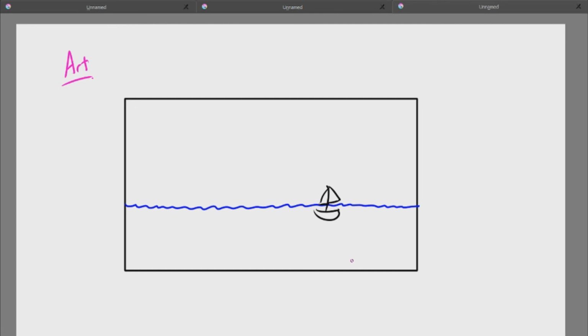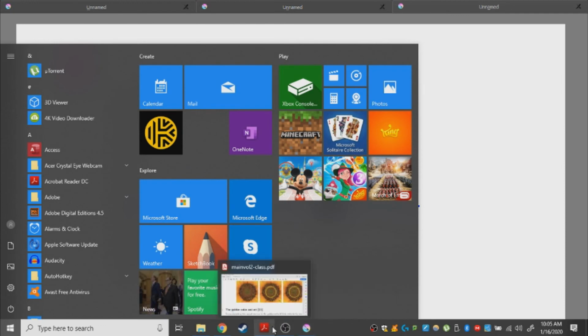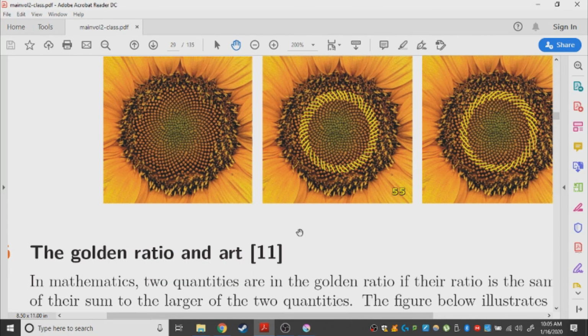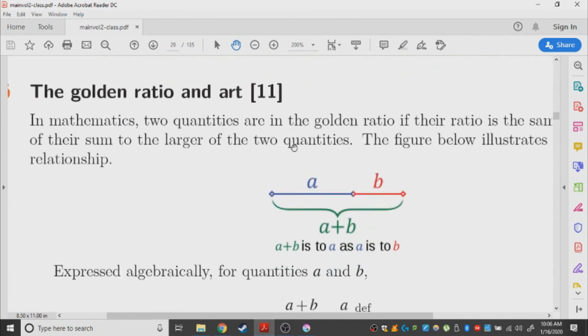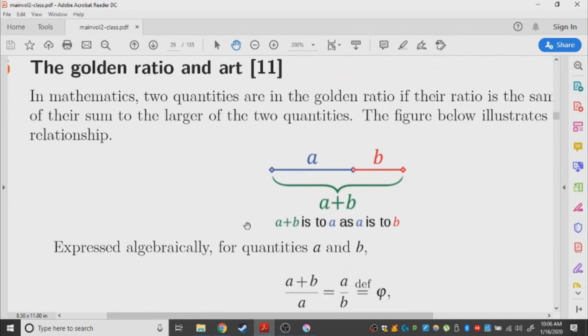Why? What's happening behind the scenes is what we call the golden ratio, that many artists have realized is our preference for saying something is pretty and something looks good versus not. The golden ratio is a little confusing perhaps for some people.